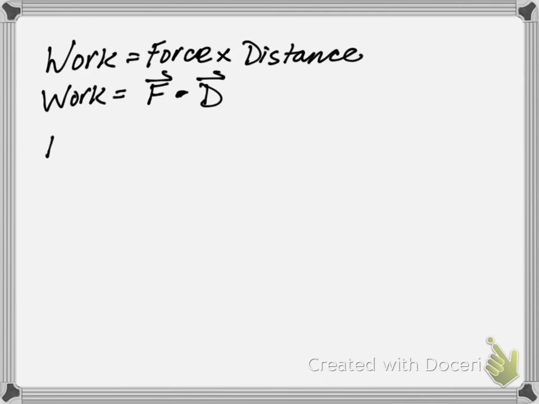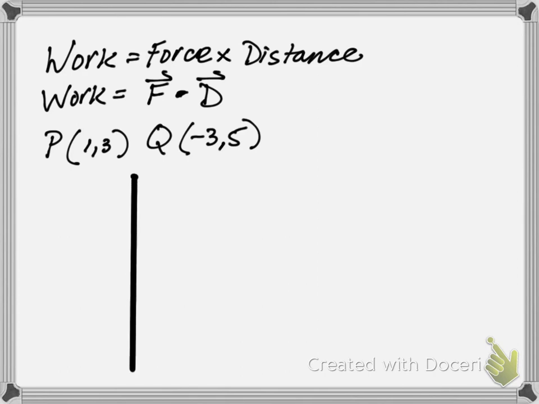I would have, say, a point P that is at position (1, 3) and a point Q that is at position (-3, 5). And I'm going to say that I want to move from point P to point Q. So if I look at where those points are, let's go like this.